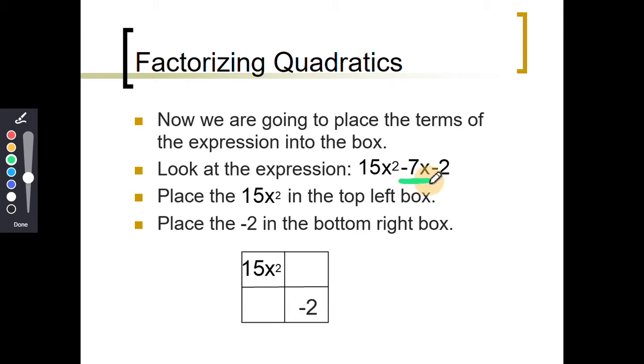Now what we are going to do is split or rewrite this middle term as two terms.